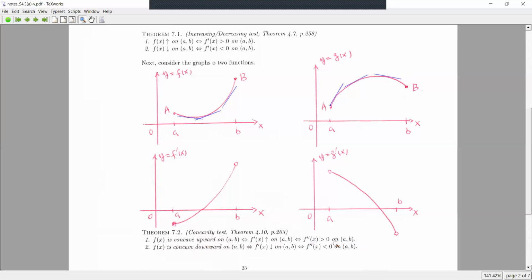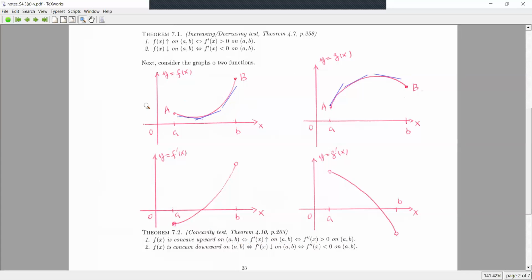The reverse is also true. Second derivative greater than 0. The second derivative is the slope of this one. So this one is increasing. This is the first derivative. The first derivative is the slope of f. So the slope is increasing: negative, small negative, 0, small positive, large positive.